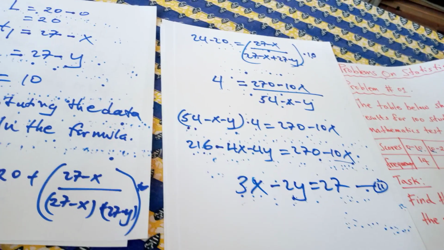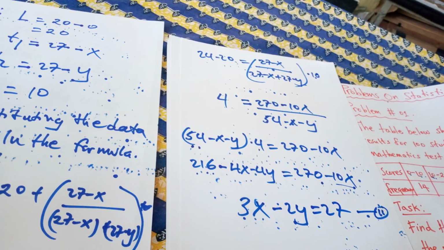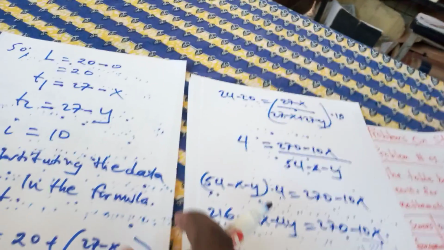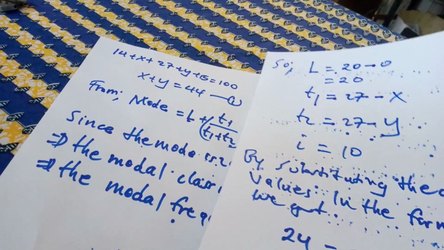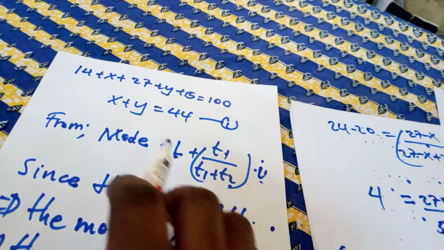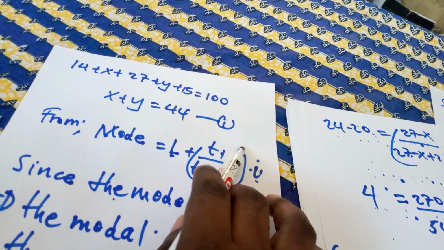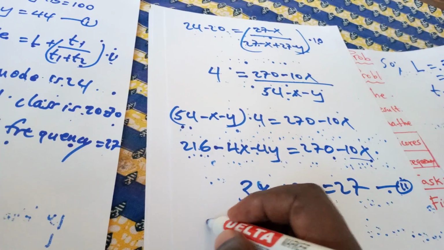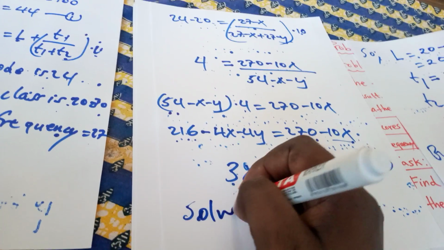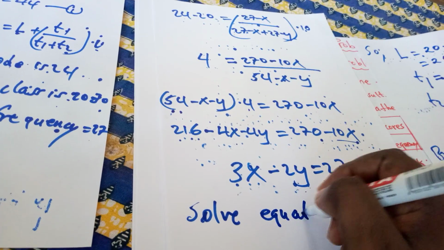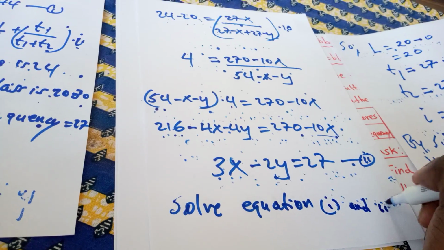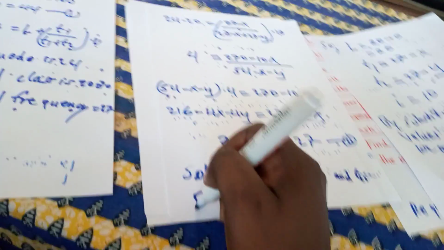From there, we can solve, as we remember that our first equation was found from the total number of frequencies. Our second equation is 3x minus 2y equals 27. We are going to solve equations 1 and 2 simultaneously.